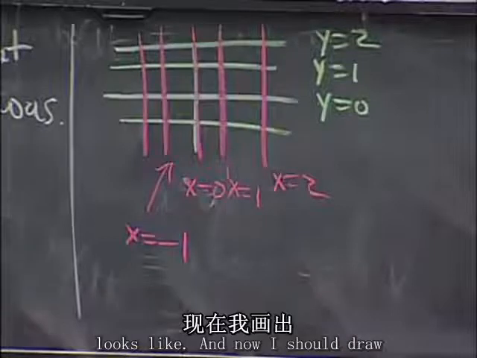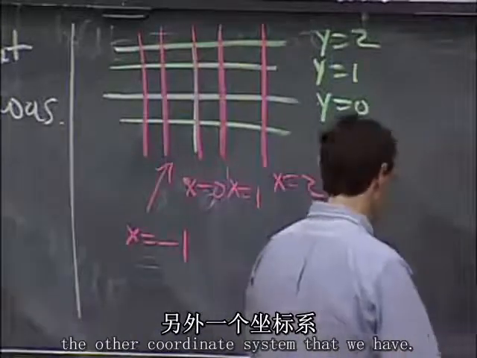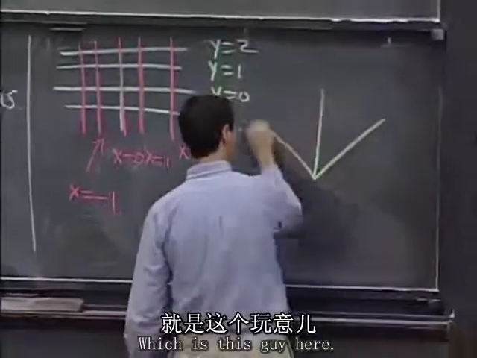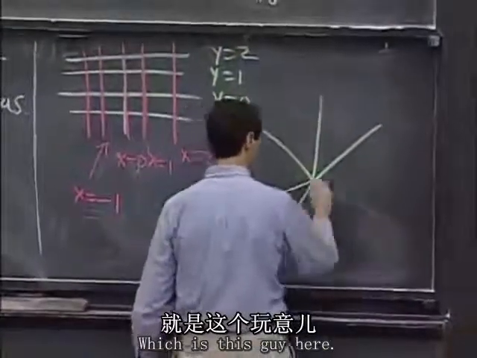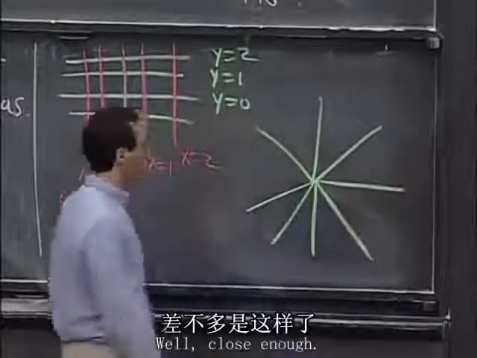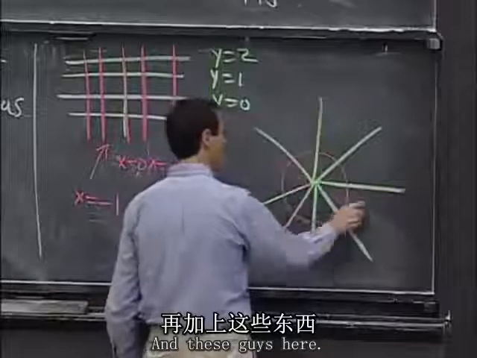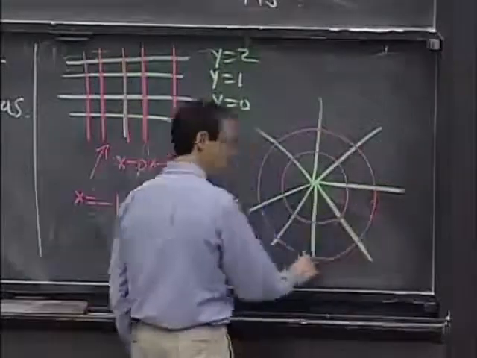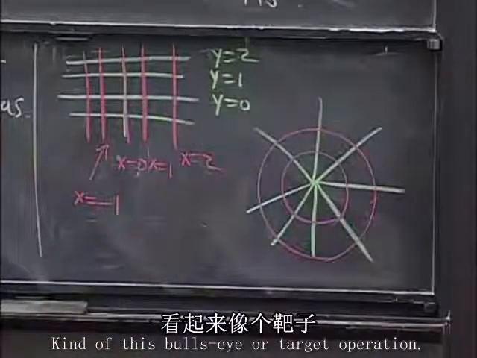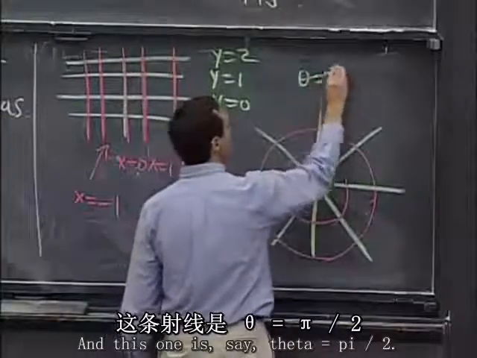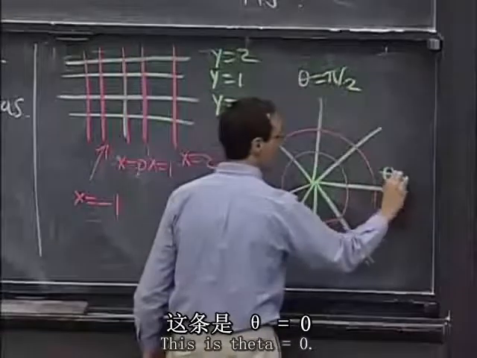And now I should draw the other coordinate system that we have, which is this guy here. Well, close enough. And these guys here. Kind of this bullseye or target operation. And this one is, say, theta equals pi over 2. This is theta equals 0.